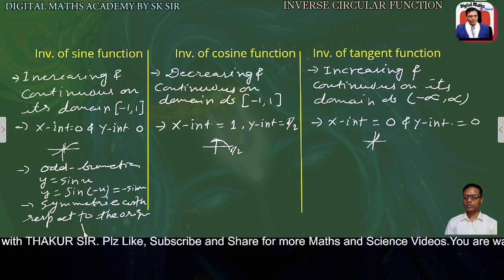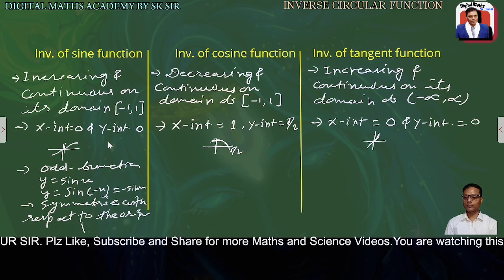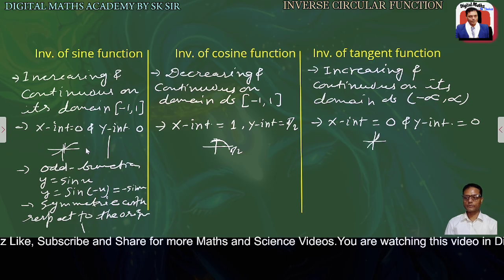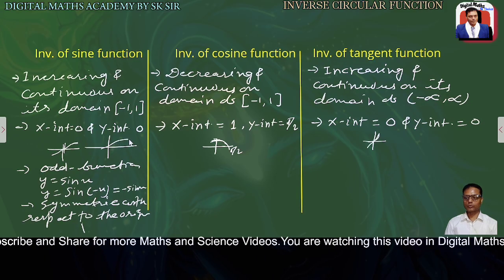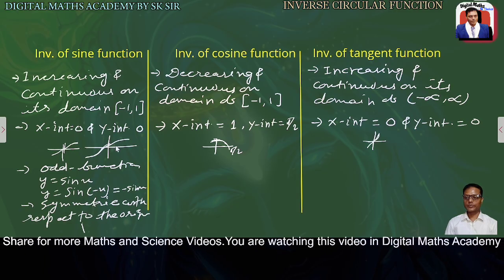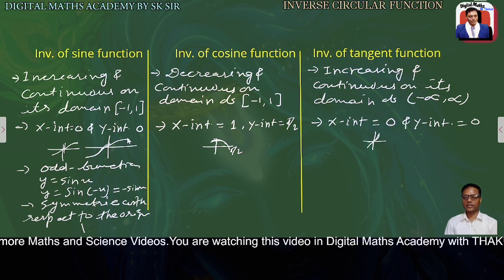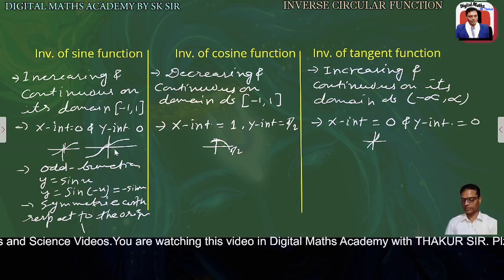Why? Now I'm going to show you here. If it is sine, then sine is moving like this, so with respect to the origin, the left side and right side have the same shape, so it's symmetric.